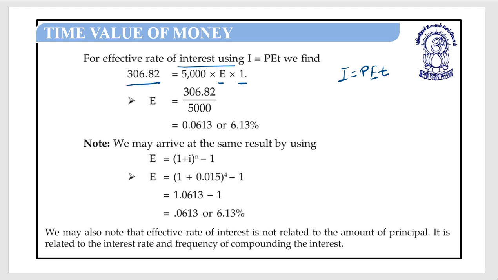So the answer is 0.0613, or we can write it as 6.13 upon 100. So it is 6.13%.